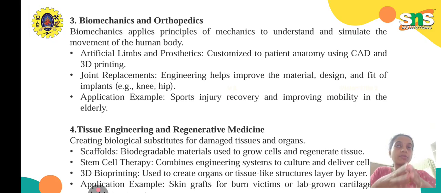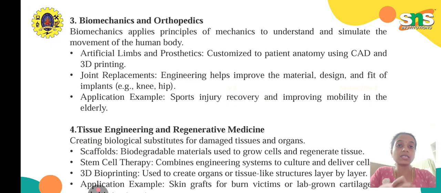If they have a knee injury, or if they have met with accidents and lost their limbs or legs, that can be replaced by prosthetic legs and artificial limbs. And in joint replacement, elderly people usually have joint pain regularly, so we can replace their joints also.